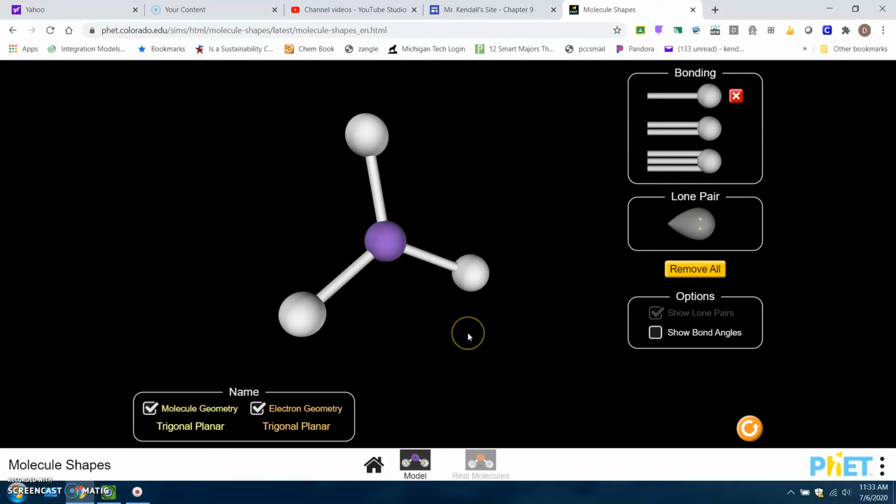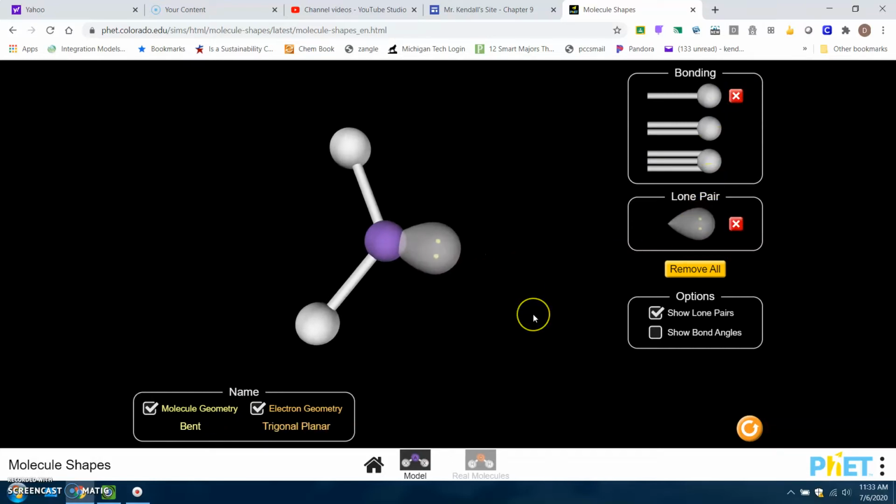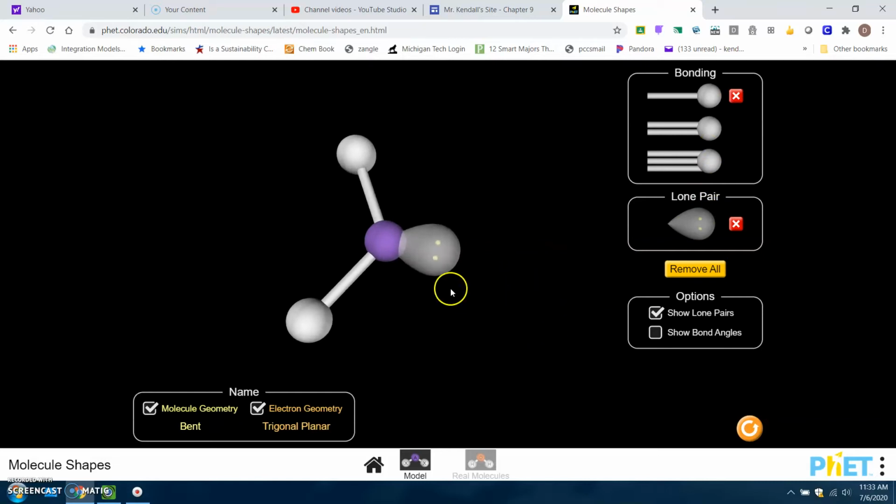Now, based on the shape, you can see down here, we already have written down, it's trigonal planar and trigonal planar, so we have that, perfect. Now, if we actually remove one of these and replace it with a lone pair of electrons, notice how it changes. One of the things we should notice is, and I'll pull this up right here. They didn't really do it here. That's okay.